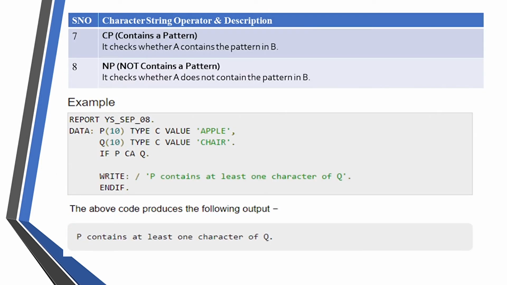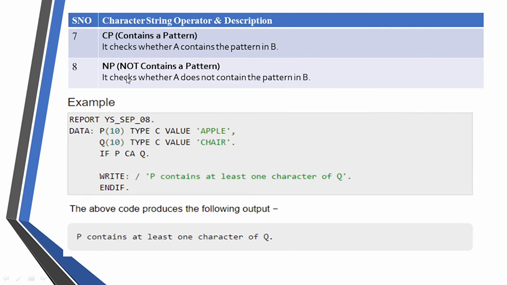Next, contains pattern. So here pattern means star value. If you give star, that means any value. For example, we want to know the keywords starting with P star. That means it starts with P and the next value can be anything, P star. So that we are going to use here, contains pattern.